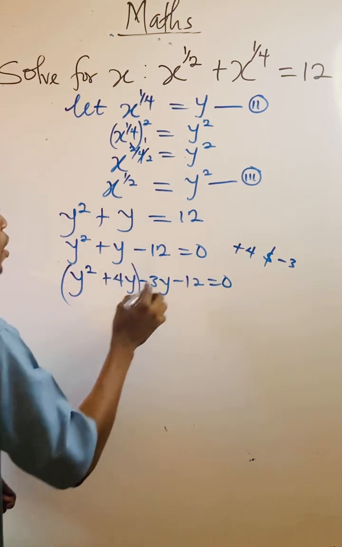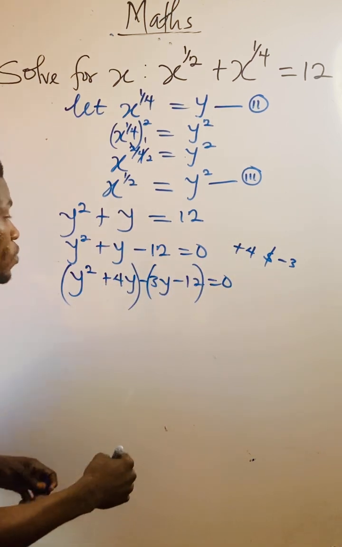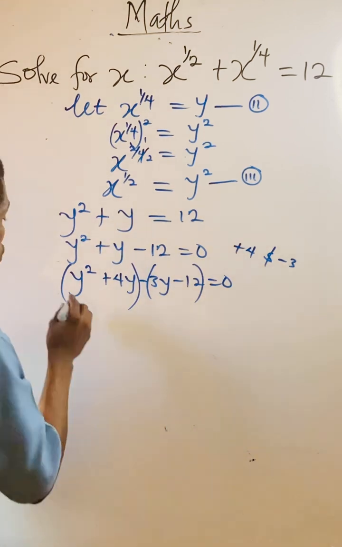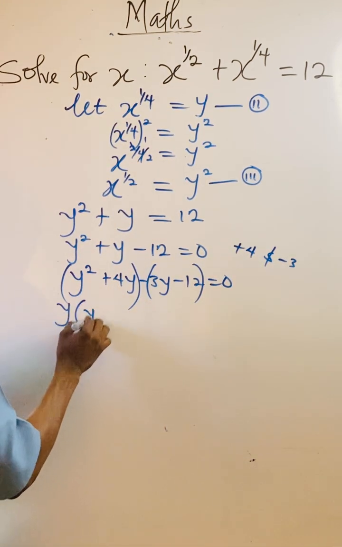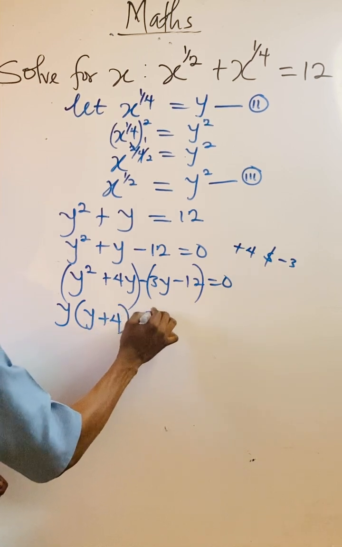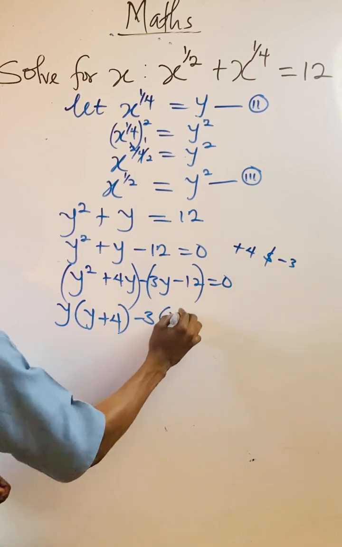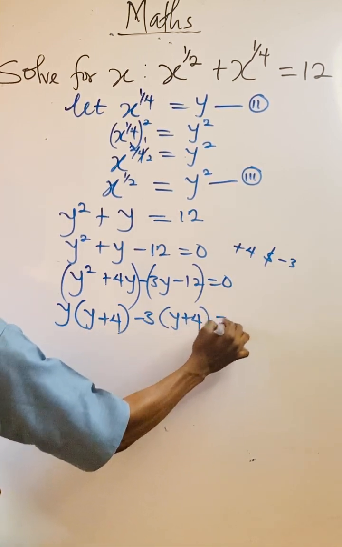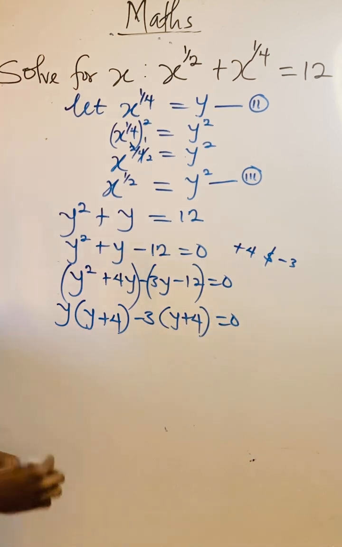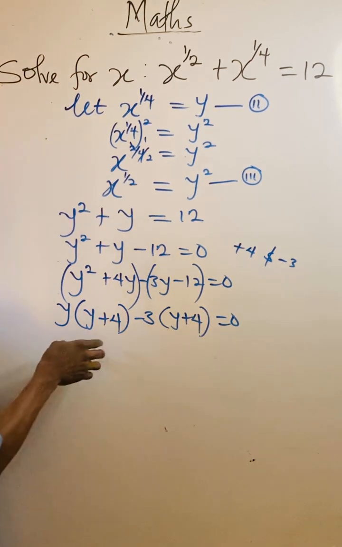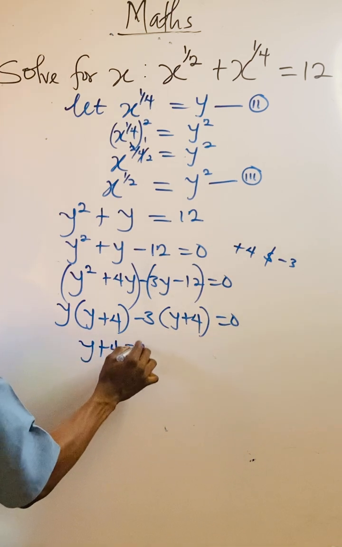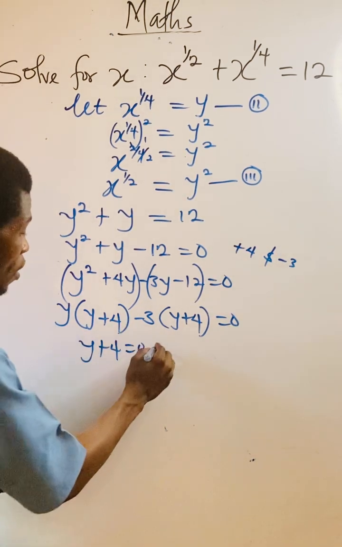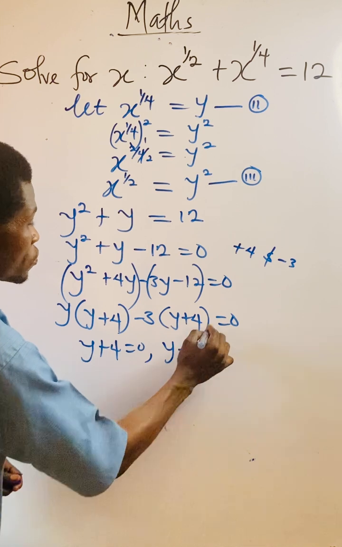Now we introduce brackets so that we can factor out the common factor. From y squared plus 4y, y is common, so we factor out y, bracket y plus 4, and then negative 3, bracket y plus 4, equal to 0. Since the brackets are the same, we pick one as y plus 4 equal to 0 and y minus 3 equal to 0.